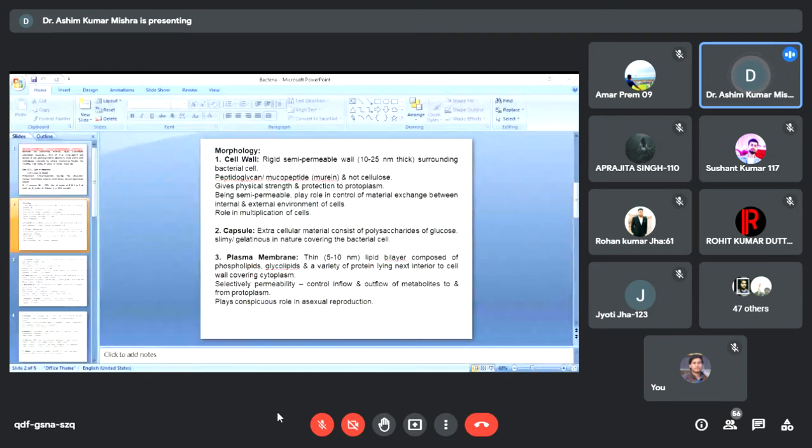This size is 0.2 to 1.5 micrometer in diameter, and since these are generally rod-shaped bacteria, though of course there are cocci also, the length is 3 to 5 micrometer. Already I told you these are prokaryotic, which is more primitive than eukaryotes. GC content is from 30% to 70%.